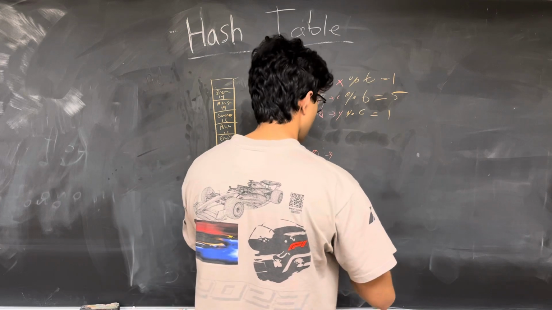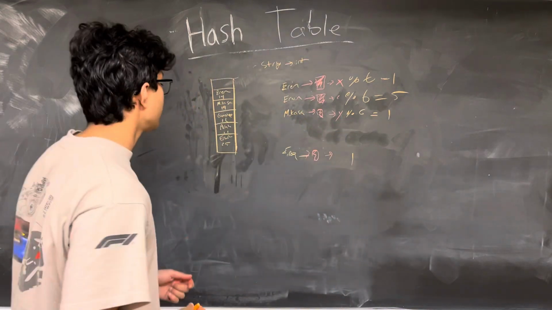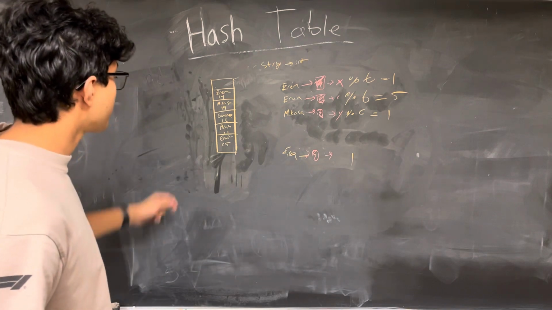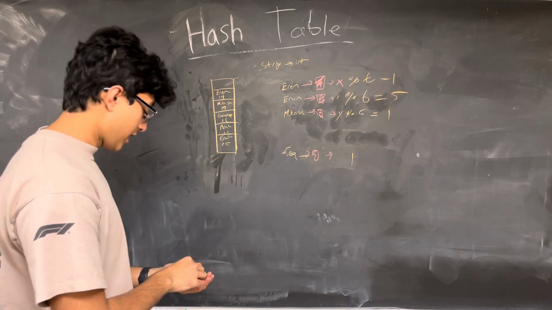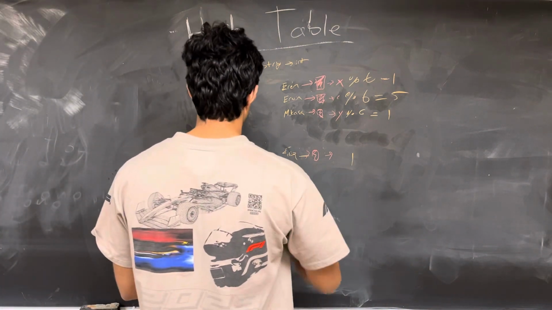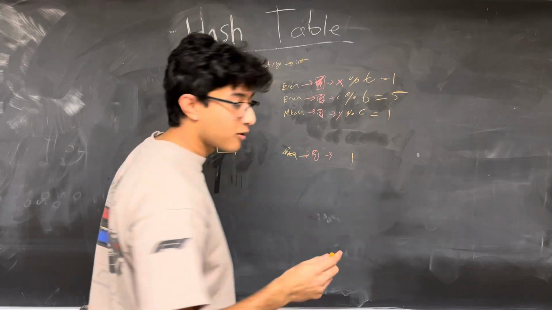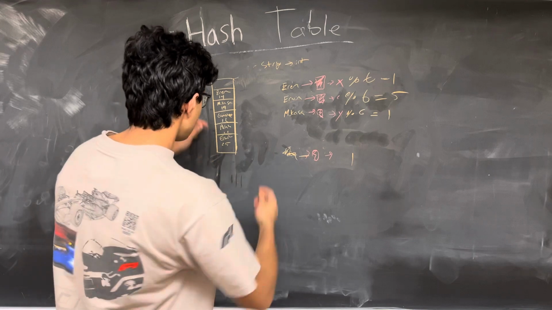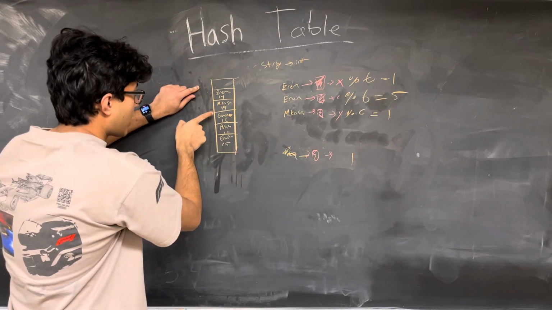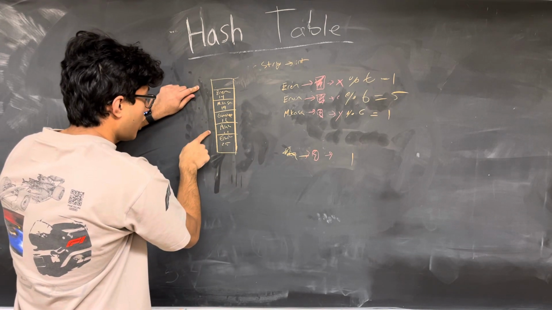We'll say Armin also collided at 1, and same with Connie. So when we put Connie in, we put it after Mikasa, and Armin went after Connie.